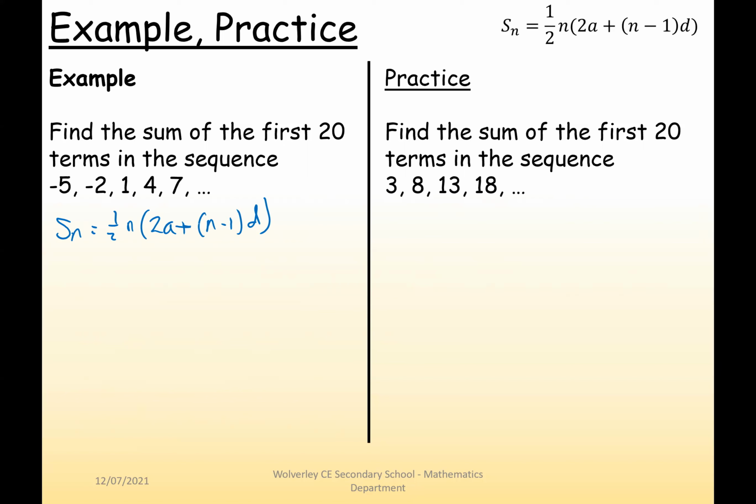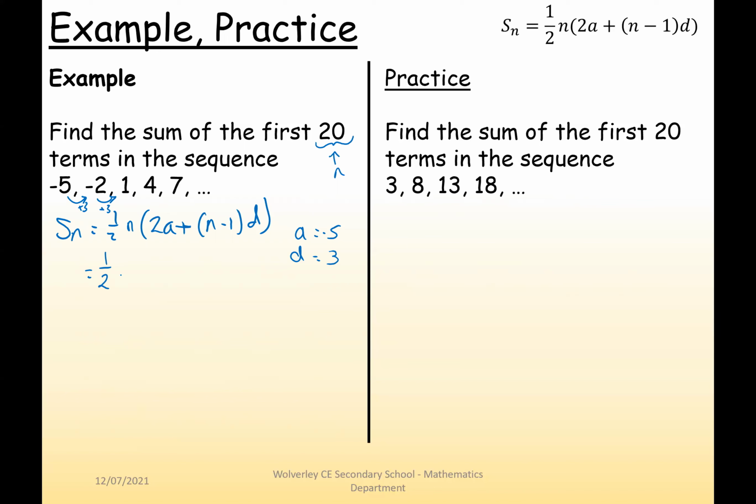We've been told we're looking at 20 terms, so n is 20. A is our first term, so a is -5, and our difference, well, here we're adding on 3, so the difference is 3.